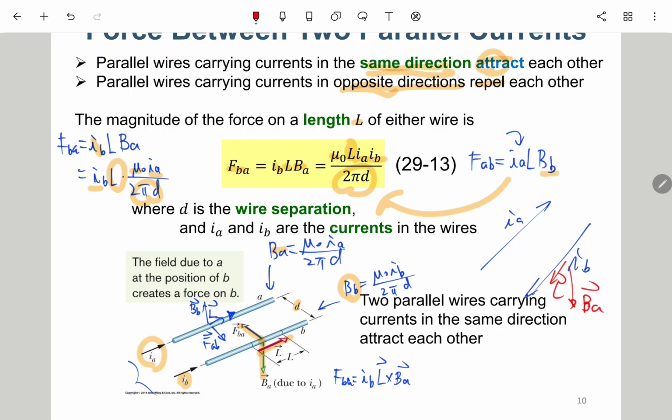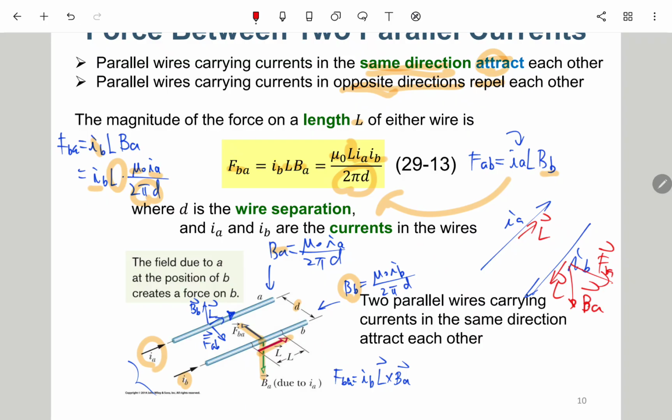So in this case, your forefinger points to the lower left, and then crossing downward, your thumb will be pointing to that side. So this will be FBA. And then this is L for the wire A.